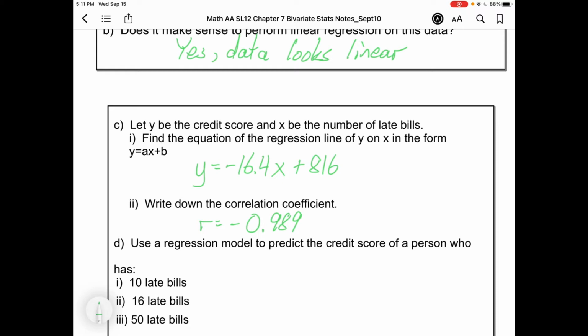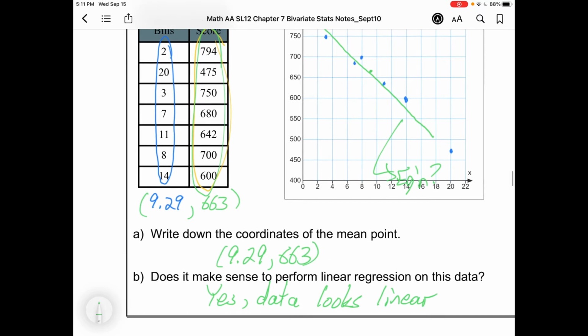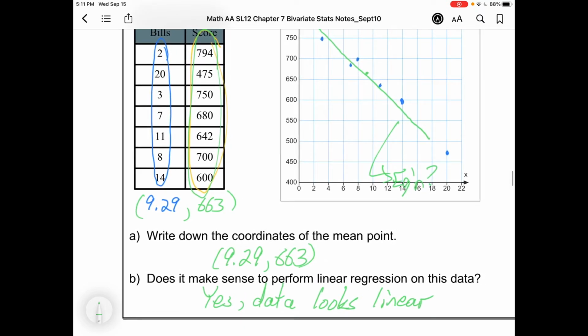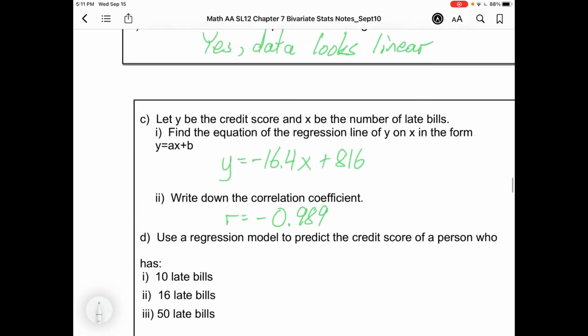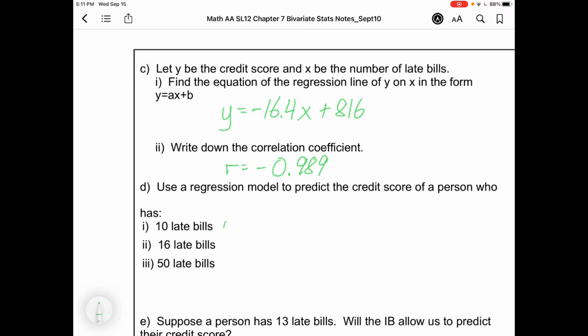All right, so now that we have this equation, it seems like a lot of work for nothing. But now that we have it, we can actually predict what would happen for different situations. So if we had 10 late bills, I mean, we could look for a person who has 10 late bills. Oh, there's no one there. But somewhere on this line, it's going to predict a certain y value for someone with 10 late bills. And I can just put it into this equation. Put in 10 for x, that would be negative 16.4.